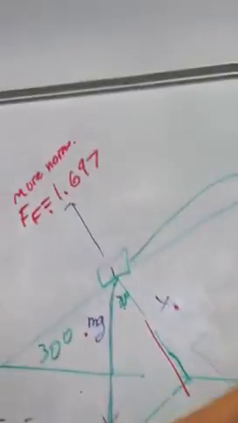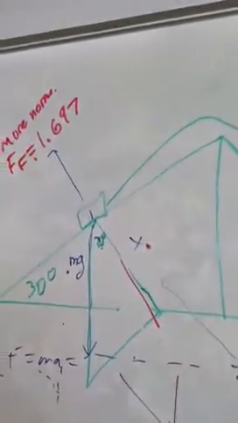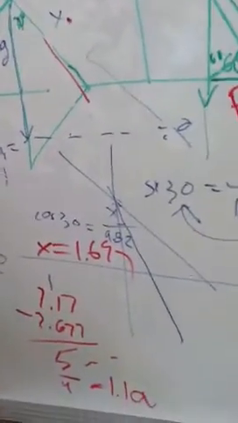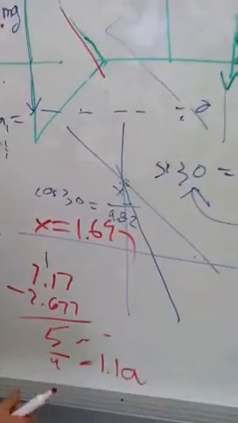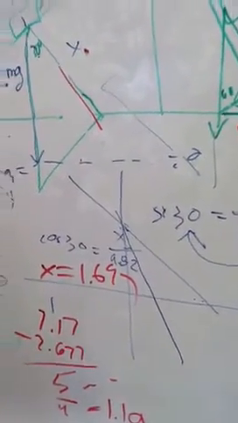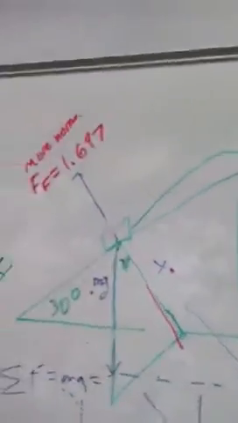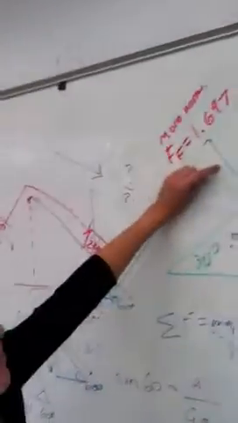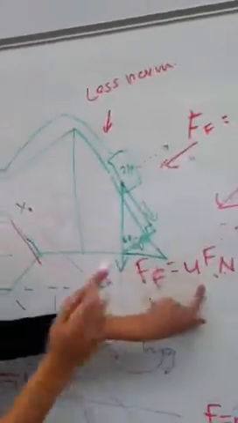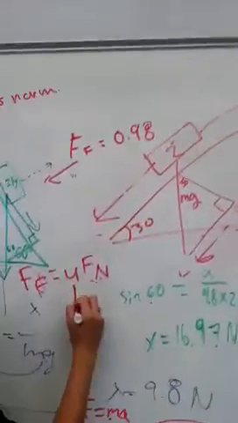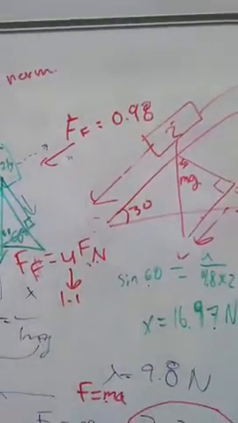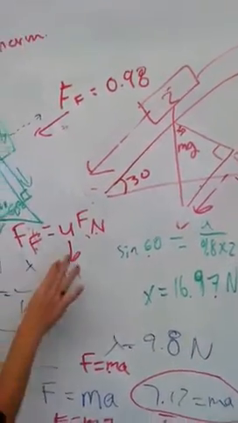The coefficient of friction is 0.1, so we multiply the normal force by it: 0.1 times 16.97 equals 1.697.